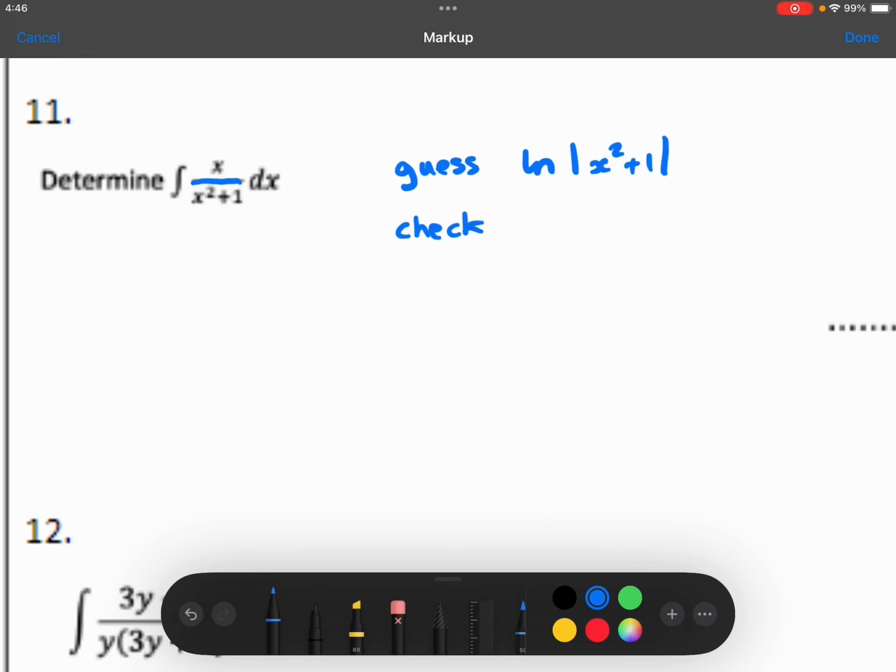So differentiating the ln, I'll get 1 over x squared plus 1, and then I have to multiply that by the derivative of the inside. So multiplying by the derivative of x squared plus 1, which is 2x. The 1 times 2x is just 2x.